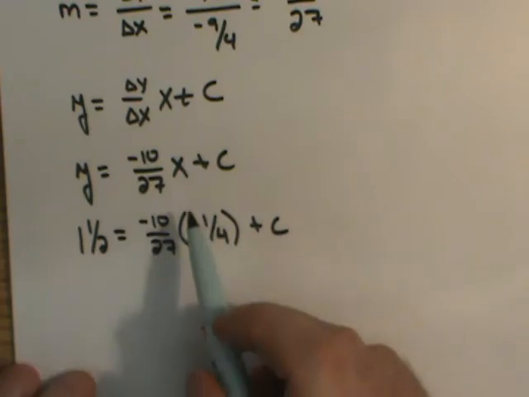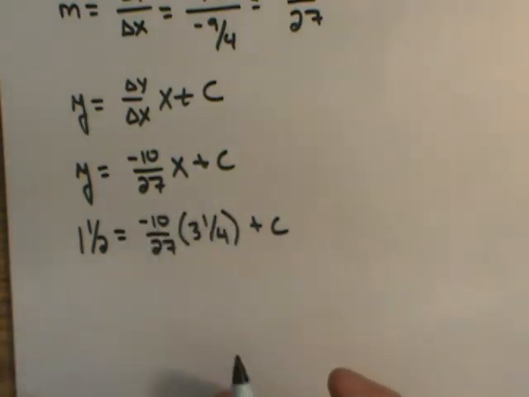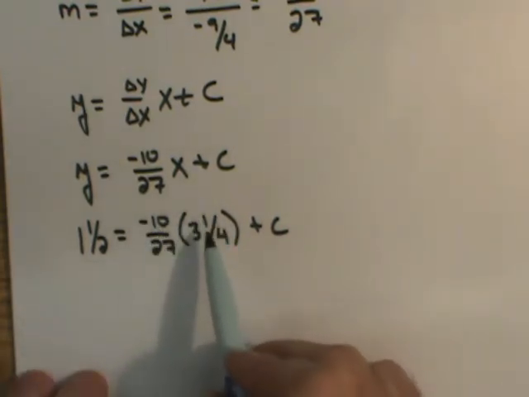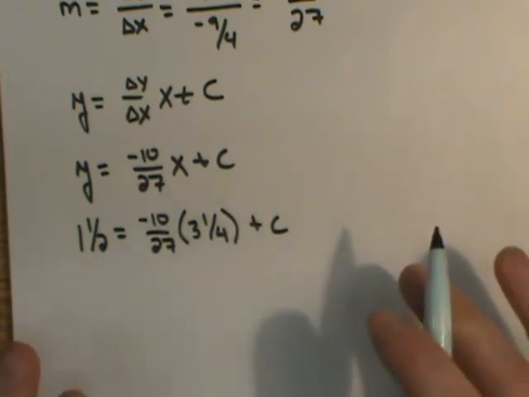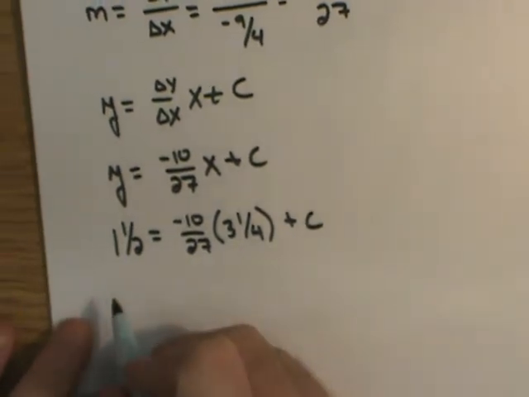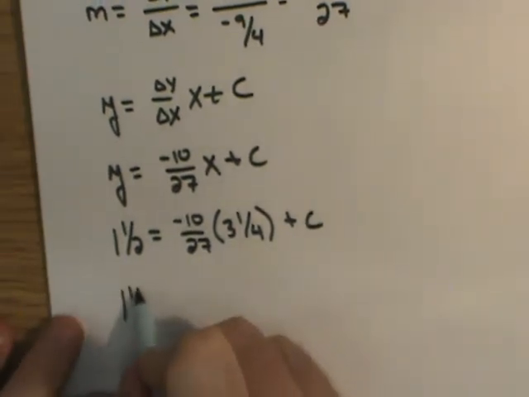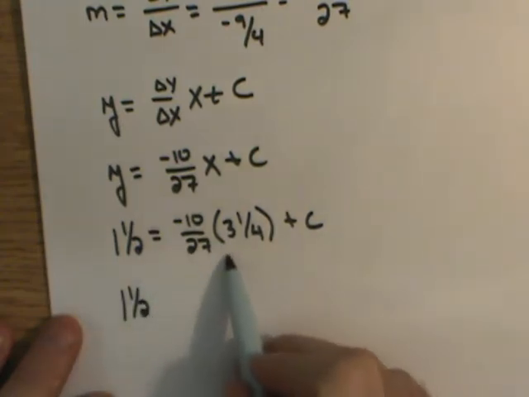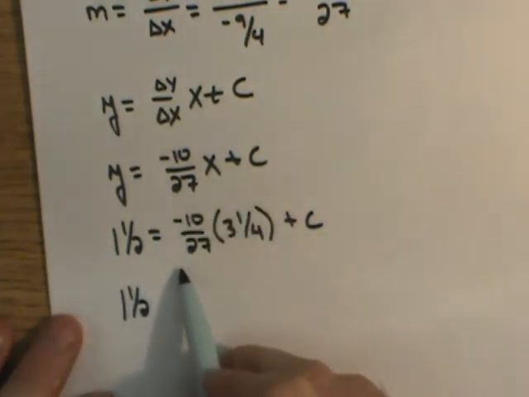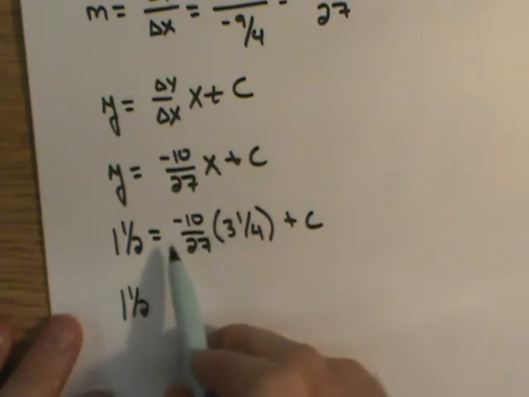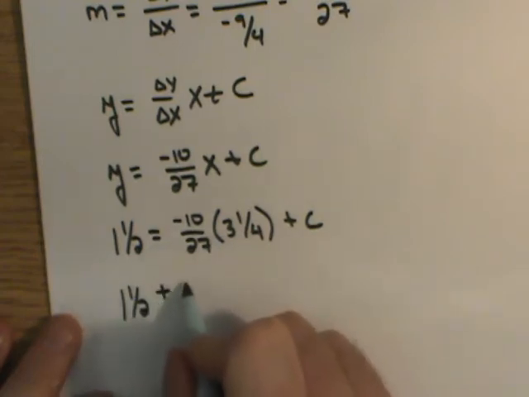There's no sense figuring this all out and then moving it over. We can take this as one big term, move it over, do all of our calculations in one step. And so I could write this as 1 and 1/2. Notice that this, as a big term, is negative. So I can pull it over and say plus 10/27.